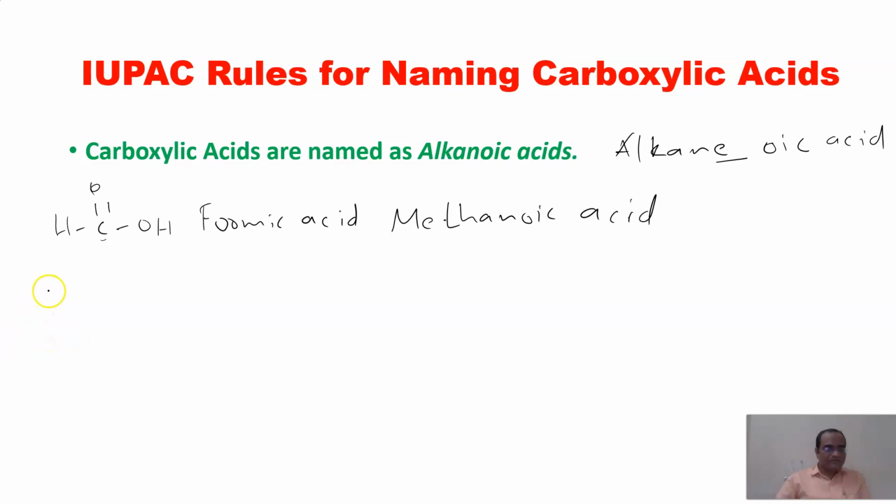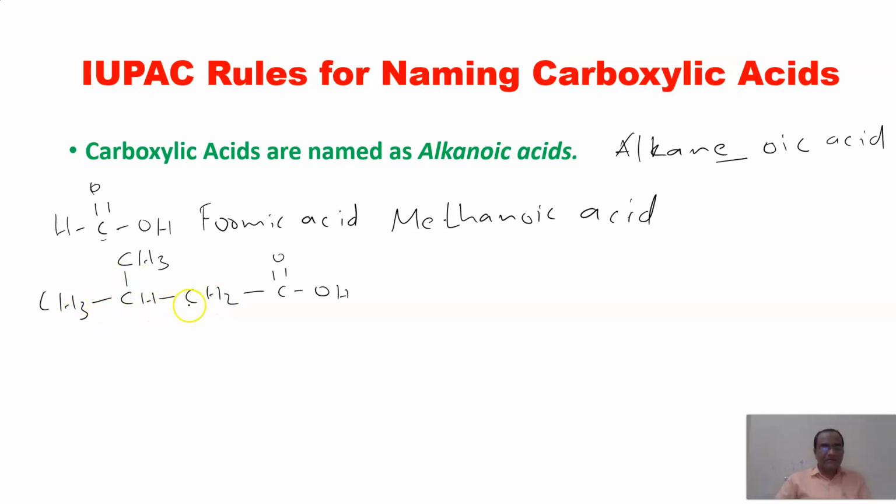Suppose, now in this case you can see that it contains one substituent and one functional group. That substituent is methyl. I have to number this compound. For numbering, firstly I have to select the longest chain. This will be the longest chain, or either this can be the longest chain.